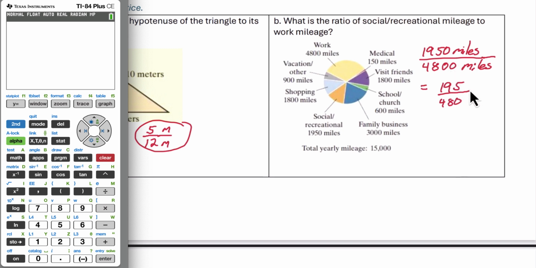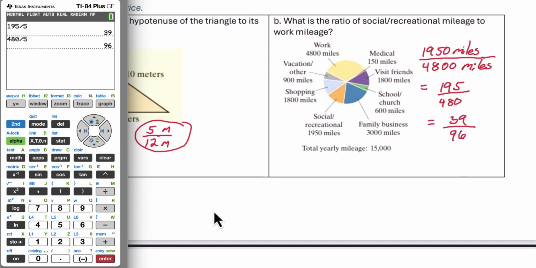And now we can see that if they end in 5 or 0, we know they're divisible by 5. So let's do that next. Let's do 195 divided by 5, and we'll get 39. And 480 divided by 5 will give us 96.